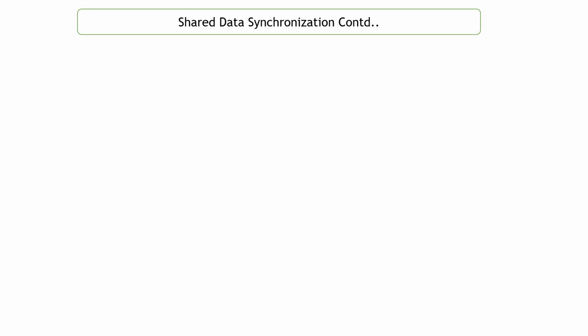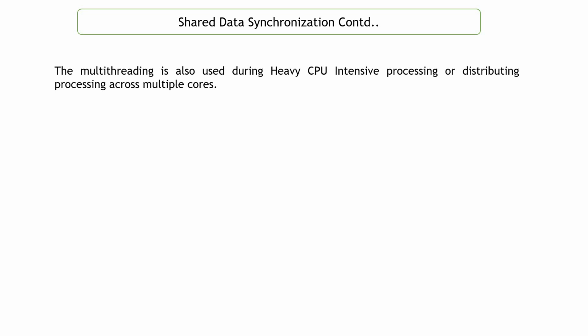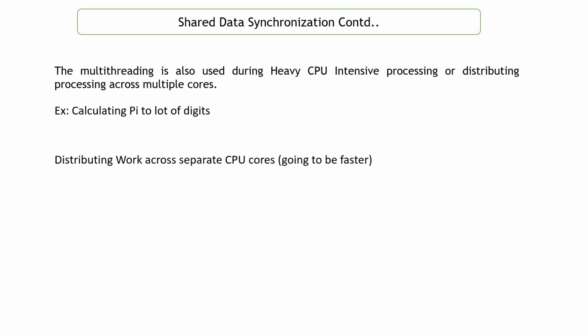Continuing with shared data synchronization, multithreading is also used during heavy CPU intensive processing or distributed processing across multiple cores. For example, calculating pi to several digits. The task which is going to be faster is the one distributing the work across separate CPU cores.